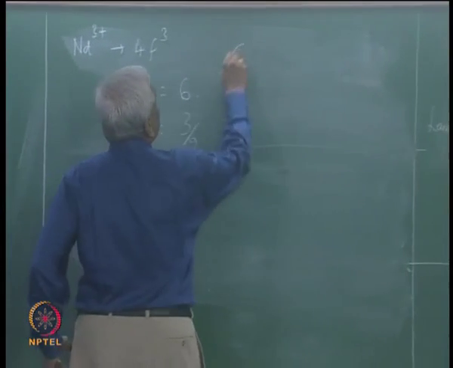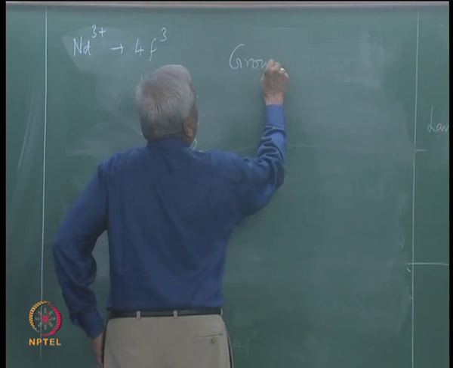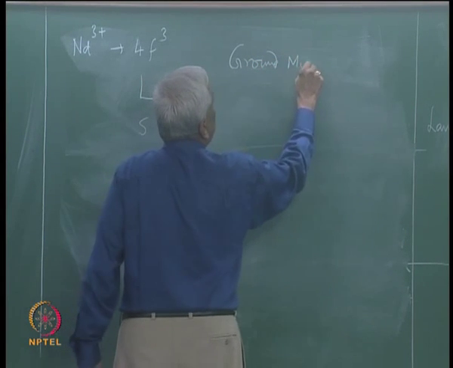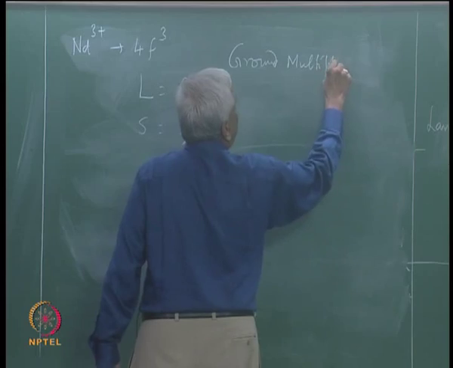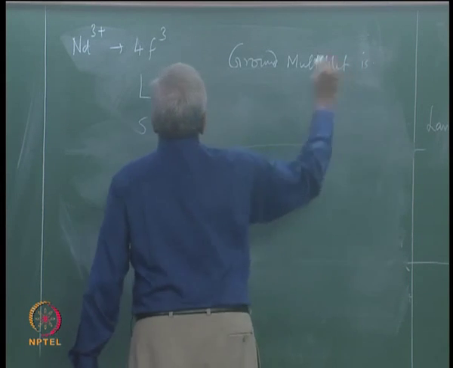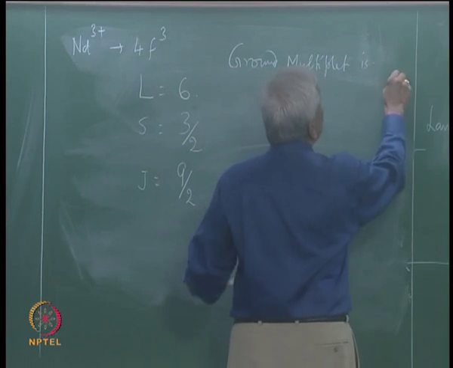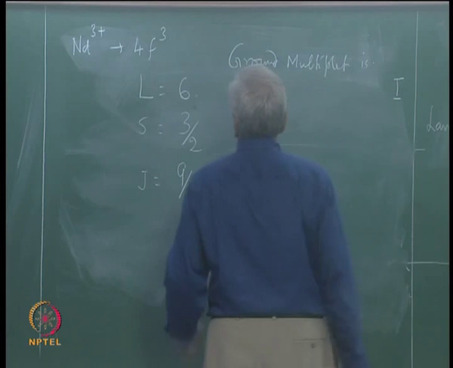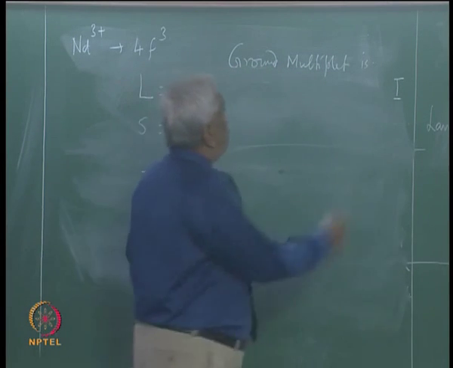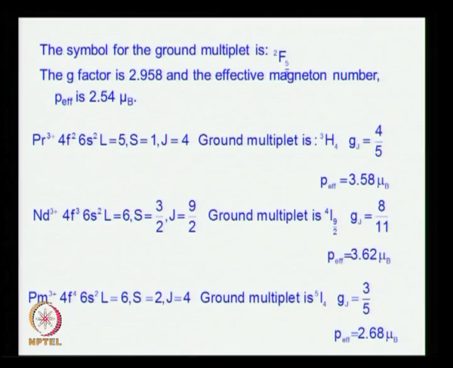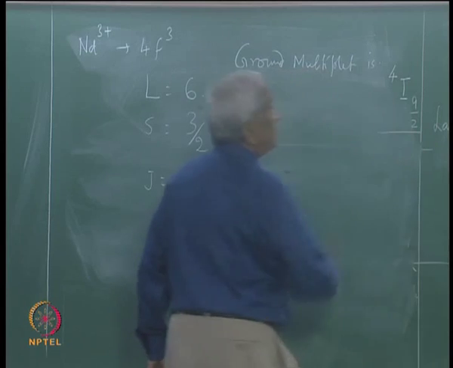So, the ground multiplet for neodymium 3 plus is L equal to 6, which is an I term, 2s plus 1 is 4 for S equal to 3/2, and the J is 9/2. So, this is the ground multiplet.